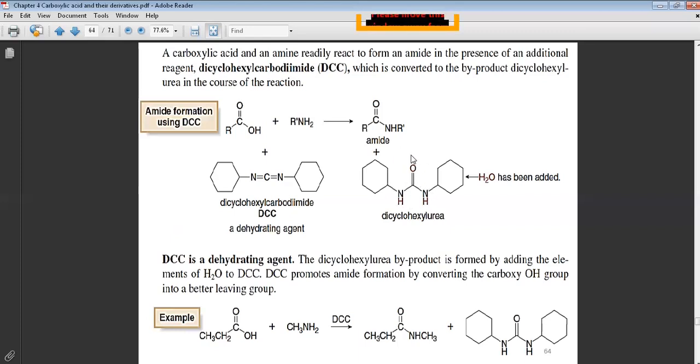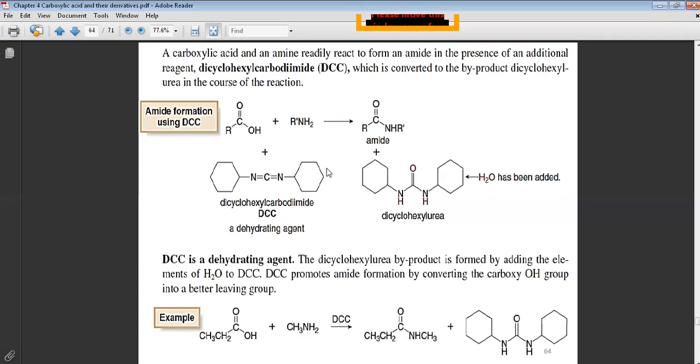That means we have an H2O molecule. If you react this compound with the H2O molecule, it gives you this compound. That means this reagent is removing H2O from the structure. We say dehydrating agent, meaning a component that can take water molecule from the second component.